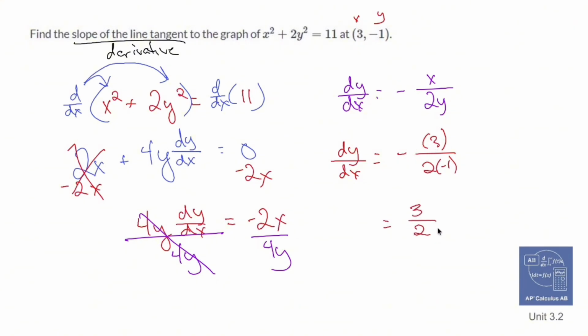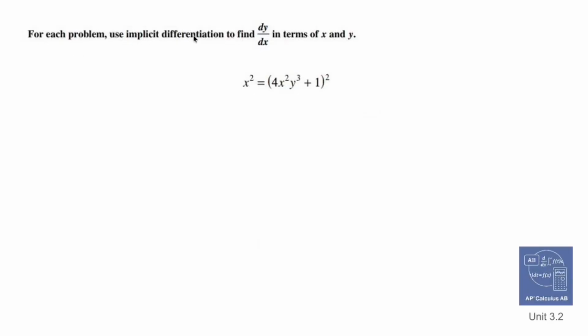My slope is that guy right there. So by taking the derivative, we had to use implicit differentiation. We plugged in our point at the very end, and we got positive 3 over 2. Done. For each problem, use implicit differentiation to find dy/dx in terms of x and y.